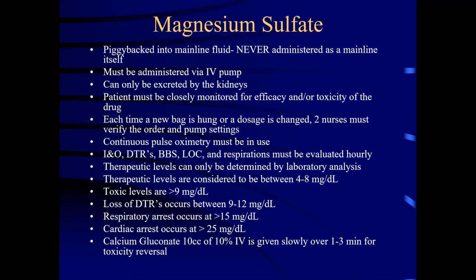So you need to start assessing their DTRs in their upper extremities, because their lower extremities should not have DTRs if they have an epidural, or a spinal for that matter. The reversal of toxicity is calcium gluconate. If you don't know where that's located, it's in the L&D ORs in a green and yellow box.